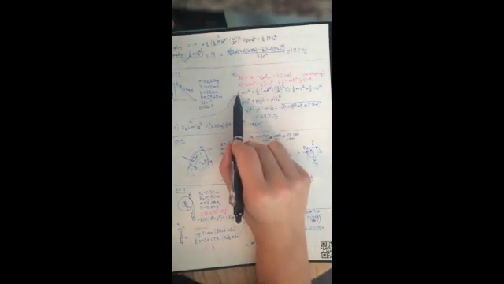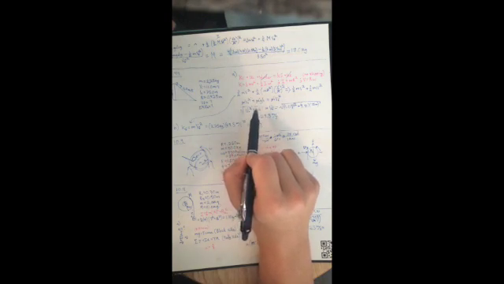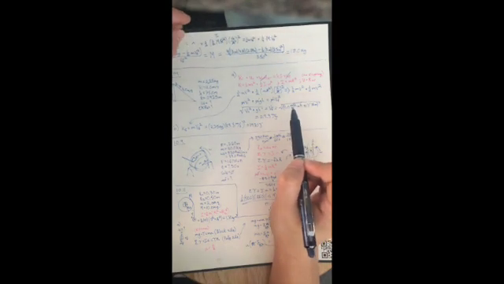So A, it's asking us for how fast the wheel is moving when it reaches the foot of the hill. So it's asking for v final.